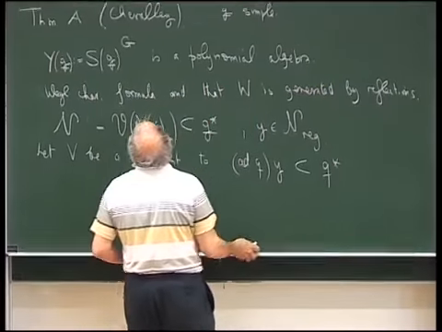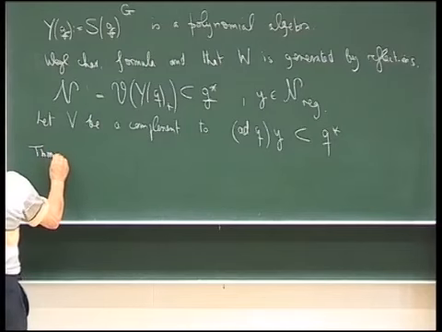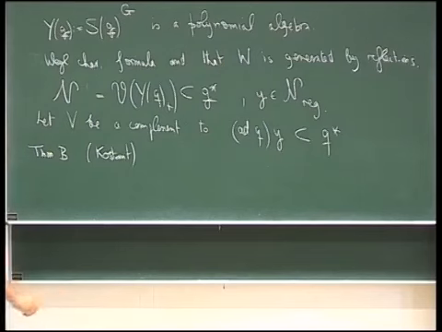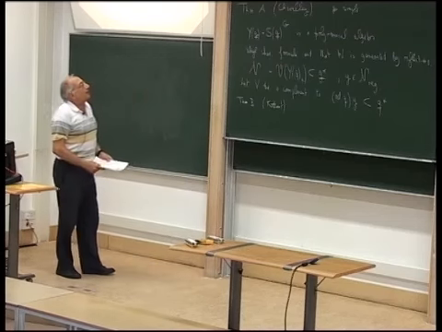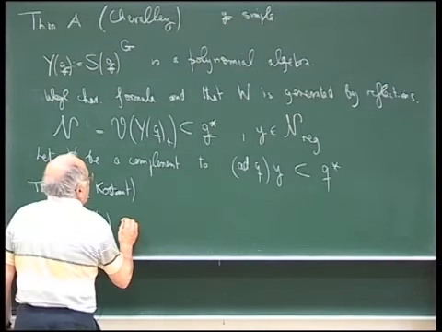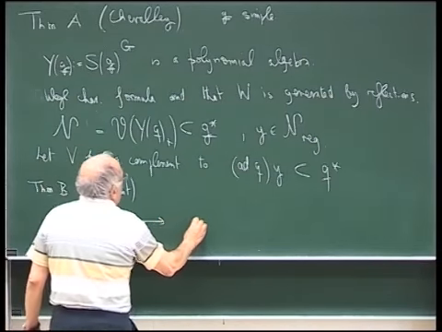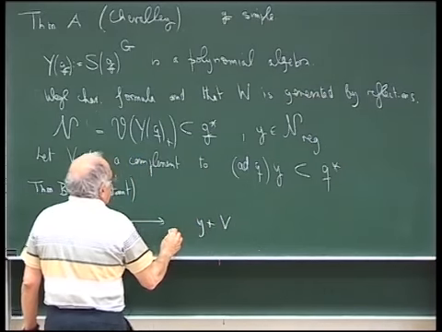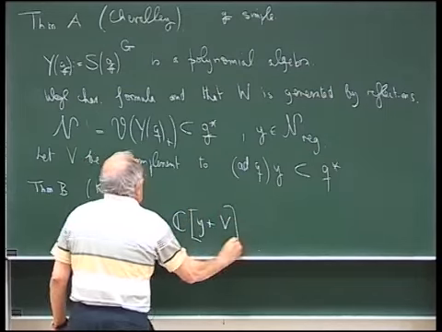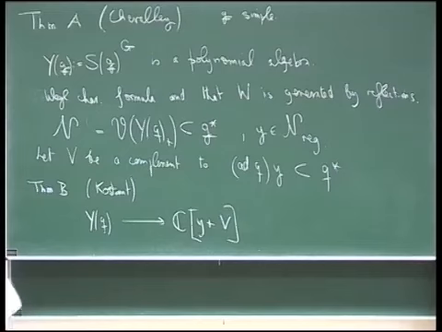And then theorem B, which is due to Kostant, improves this theorem by saying that when I take Y of G and restrict it to this set y plus V, we restrict the elements from here to here, and we go from this polynomial algebra to this algebra of functions on this affine set.